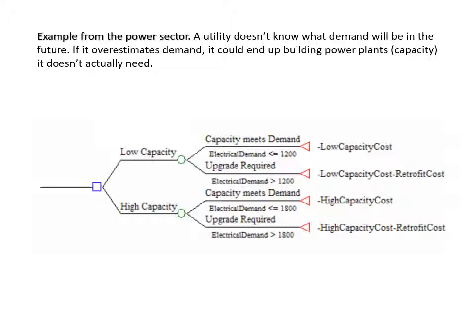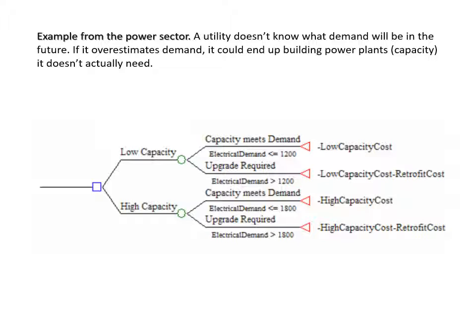And here we're saying this is a stochastic tree, so the conditions that would require you to make an upgrade depend on where electricity demand is. If electricity demand is greater than 1200 in the instance of having low capacity, that triggers an upgrade requirement. If electricity demand is greater than 1800 and you have high capacity, then you need an upgrade.